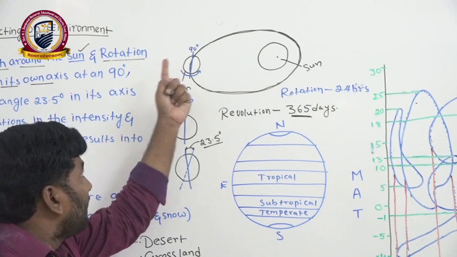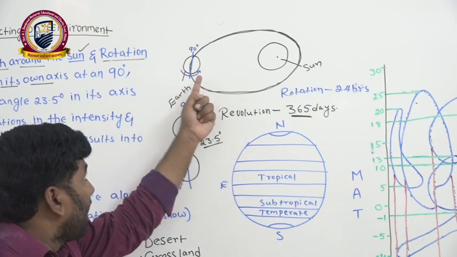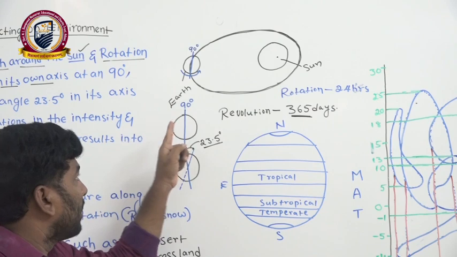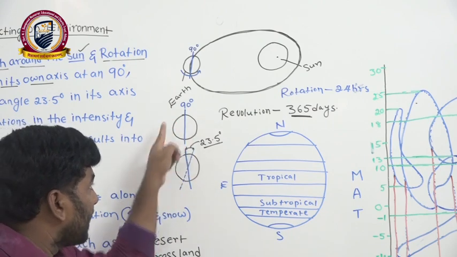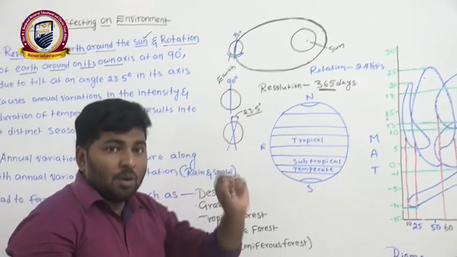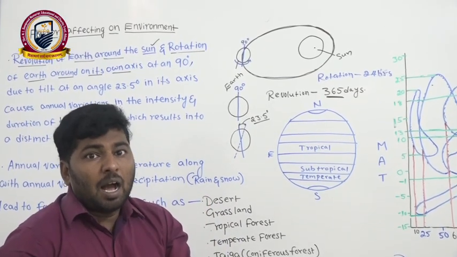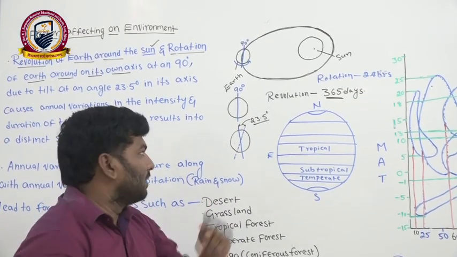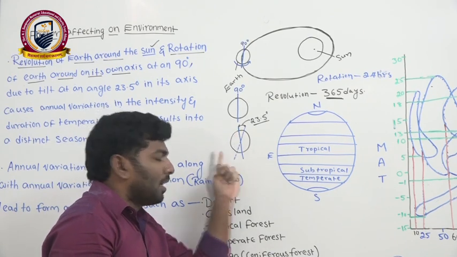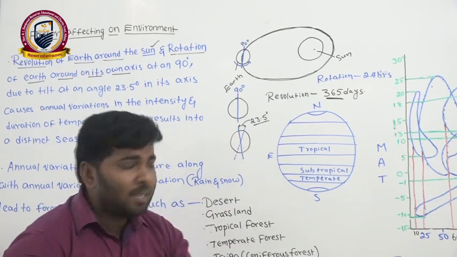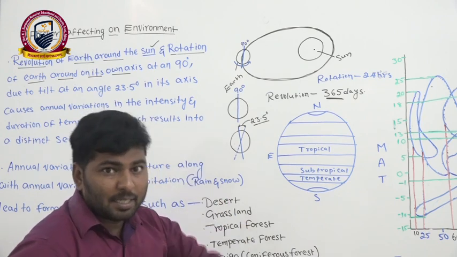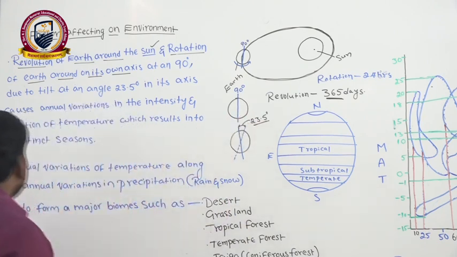While revolving, along with the revolution, the Earth rotates on its own axis. While rotating, sometimes a tilt may occur in the axis of the Earth. Due to this tilt, what happens? Different seasons are forming.